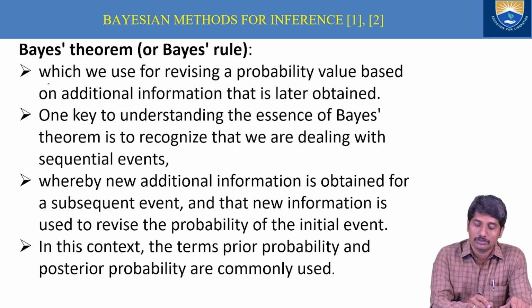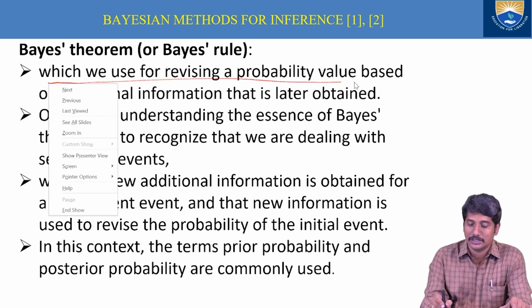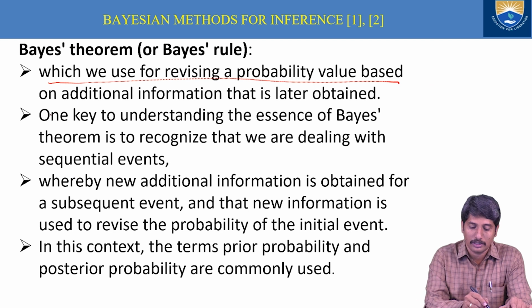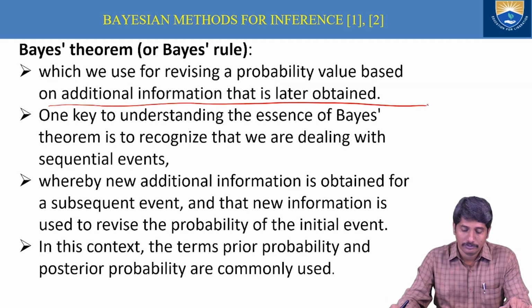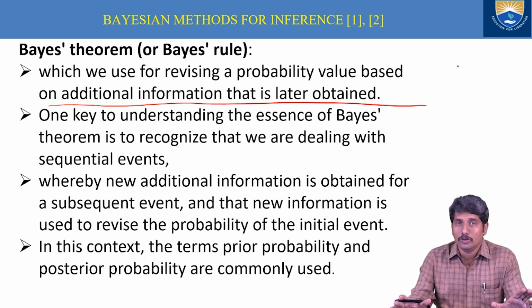Bayes rule is used for revising the probability value based on additional information that is later obtained. In Bayes rule, what do you do? He's telling what we do in Bayes rule in a general way, not in a mathematical way.